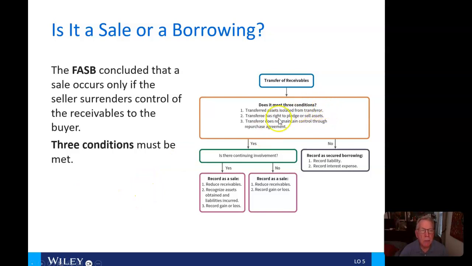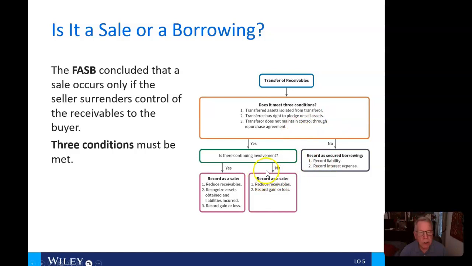Is the transferred asset isolated from the transferor? Has the transferee had a right to pledge or sell the assets? And does the transferor not maintain control through a repurchase agreement?